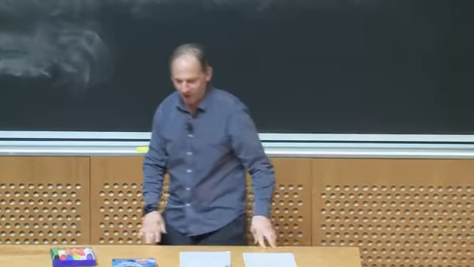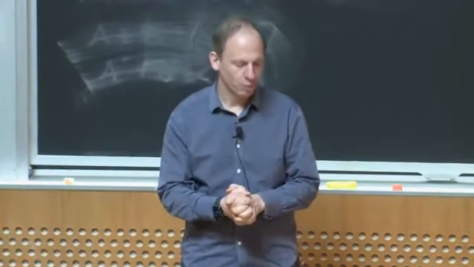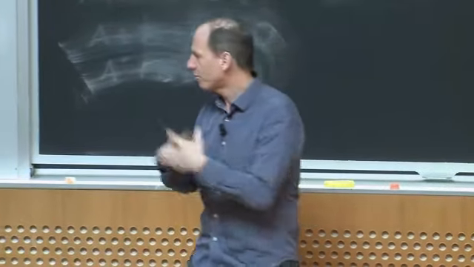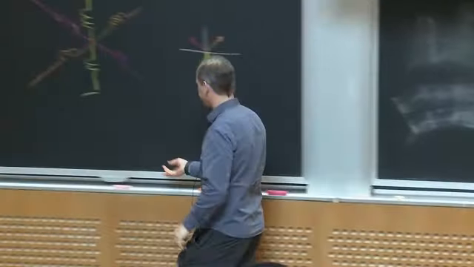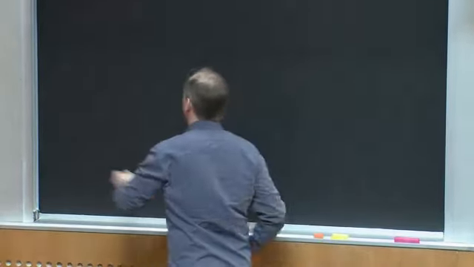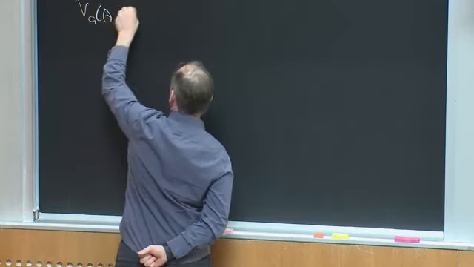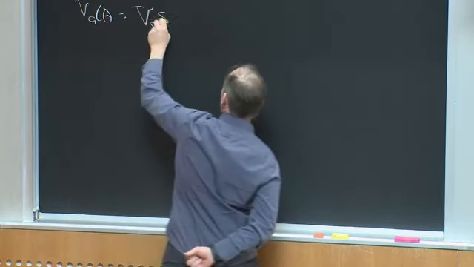Okay, so let's talk about three-phase more broadly. Okay, so if I have a three-phase voltage set, maybe I could have VA of t is equal to Vs sine omega t.